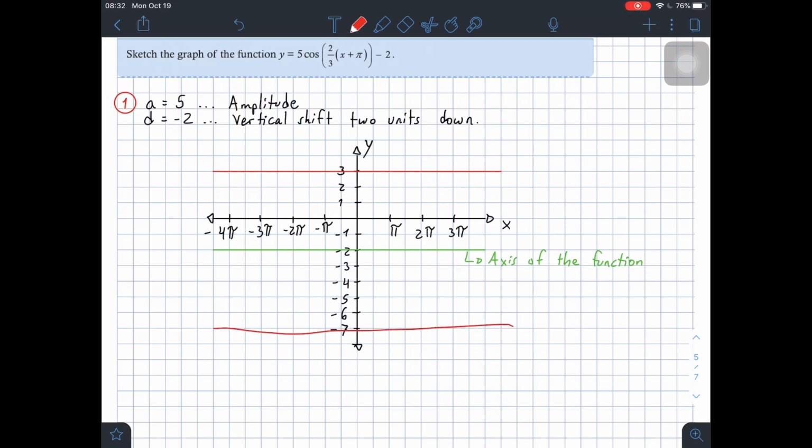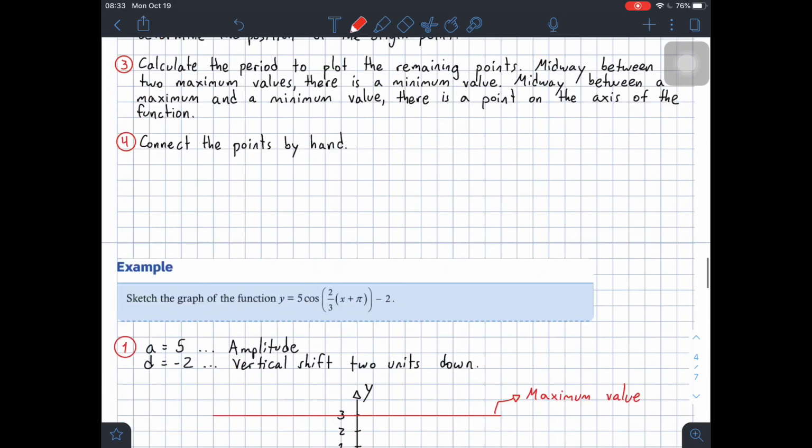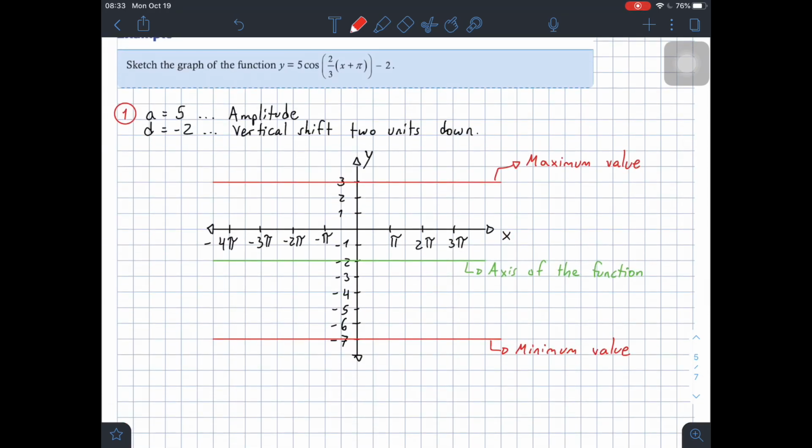So this is the maximum value, and this is our minimum value. So that's basically step number 1, okay? Let's read this again. It says, identify the amplitude and vertical translation to determine the axis of the function. We already found the axis. The maximum and minimum values, we already have marked both in our function.